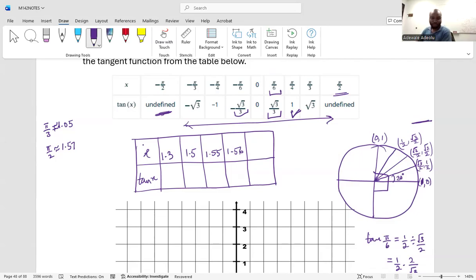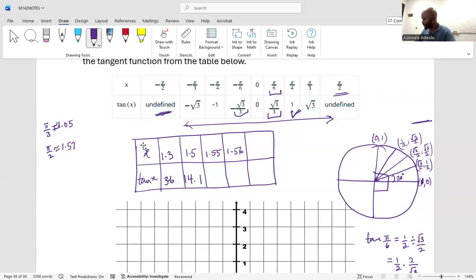So 1.3, that is around 3.6. I will just put it to one decimal place. So if I do tangent of 1.5, it jumps to something around 14.1.